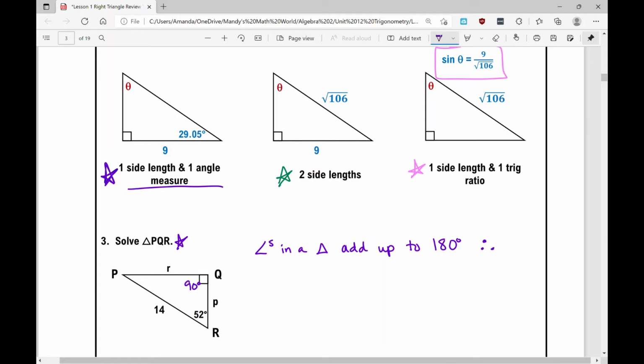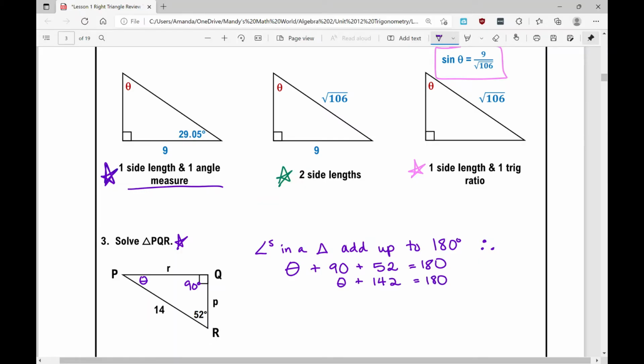Therefore, we know that I'm going to call this angle measure theta because we don't know it. But I do know that theta plus 90 plus 52 equals 180. And 90 plus 52 is 142. So theta plus 142 equals 180.